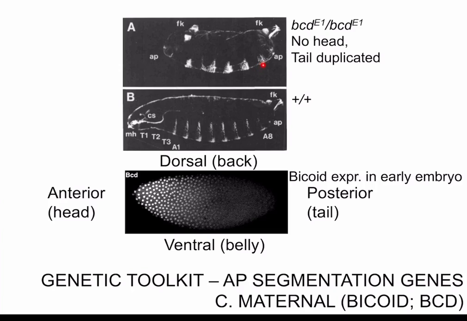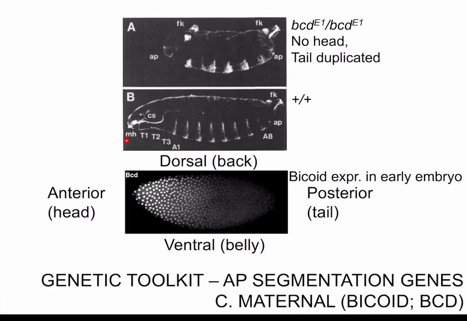So you have A8, A7, A6, A5, and then this part is actually a mirror duplication of the tail structures. This mutant phenotype suggests that the wild type allele of Bicoid specifies the anterior half of the embryo.